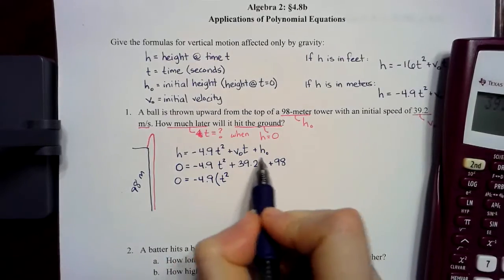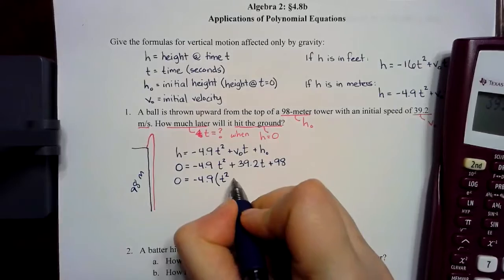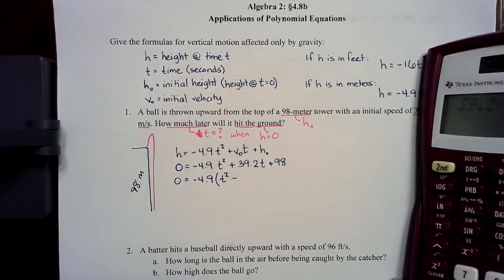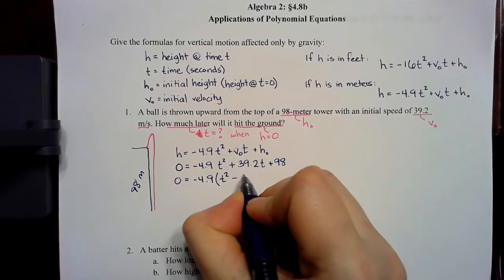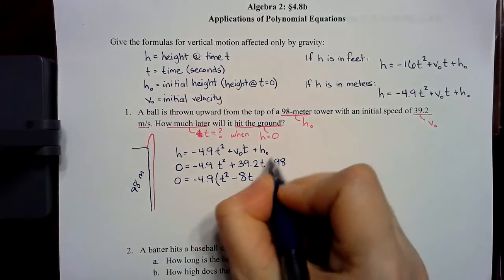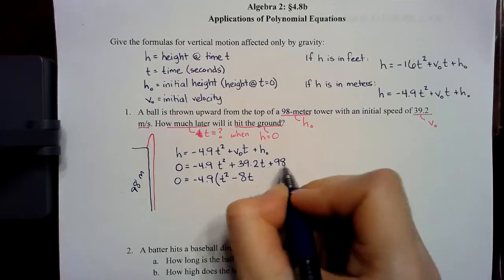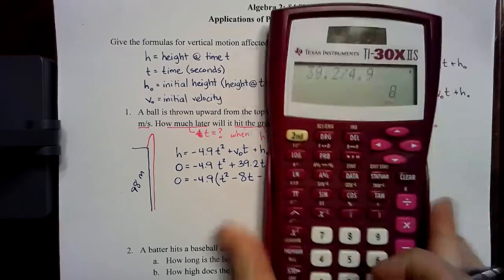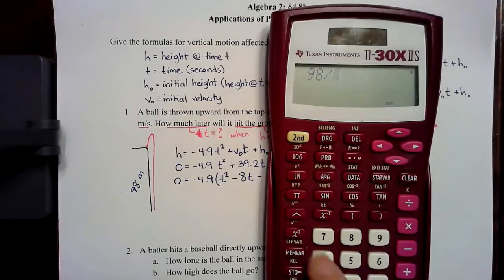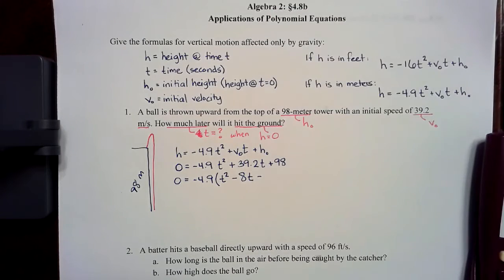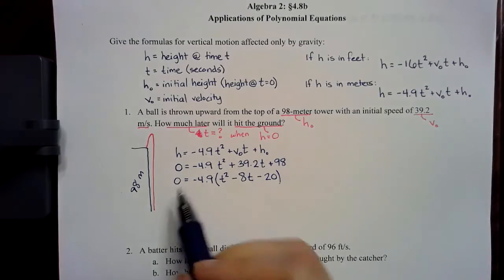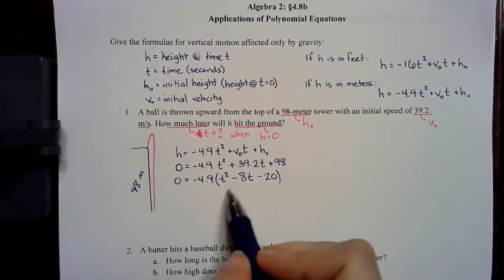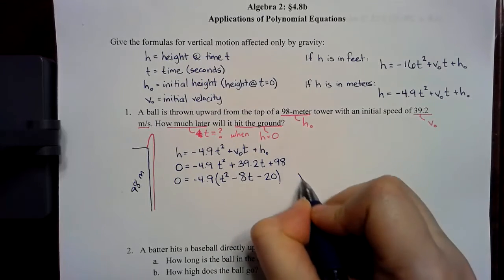Well, if I pull out a negative from here, the positive will become negative, and 39.2 divided by 4.9 is 8. Again, if we pull out a negative from a positive, it will become negative. And 98 divided by 4.9 is 20. So now I have this that can much more easily be factored.